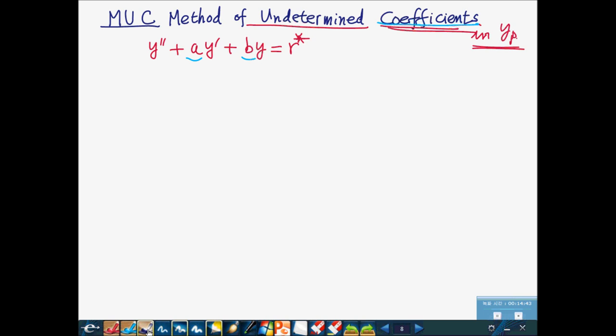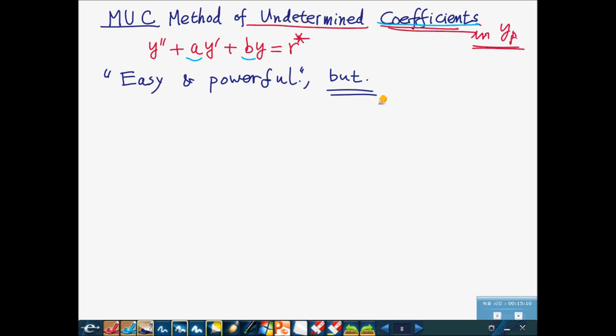One thing, this one is easy and powerful, relatively easy. This is not really easy, but relatively easier than the other method. But you got to be careful, right? This one is not a magic wand.